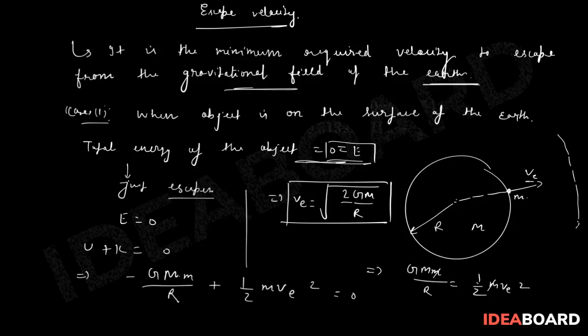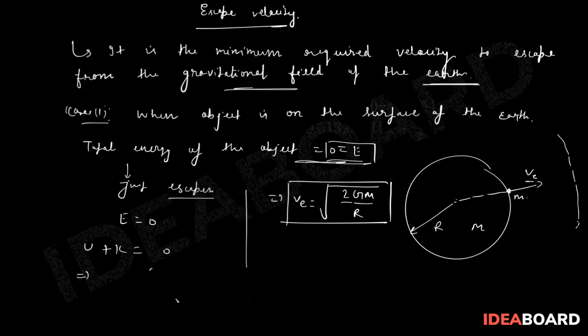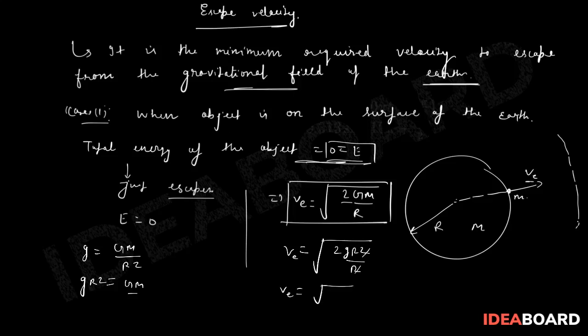We can substitute the value of GM: we know that g is equal to GM upon R square, so gR square will be equal to GM. Instead of this, I can substitute 2gR square upon R. So this is cancelled out, and V_E is equal to under root of 2gR. This is the result of case number 1.